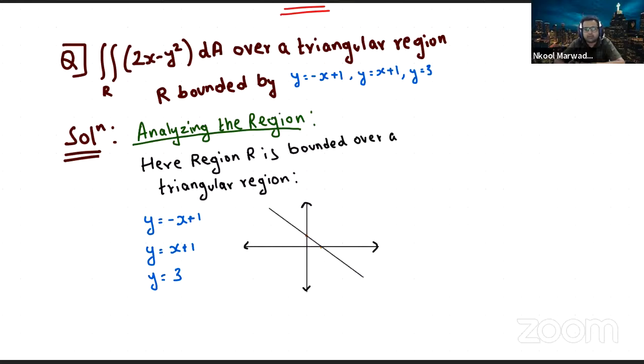When x is 0, y is 1. But when x is 1, y is 2. So the second line is the line joining these two points.